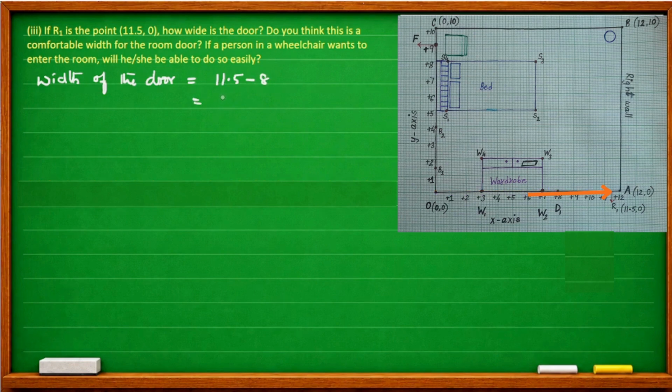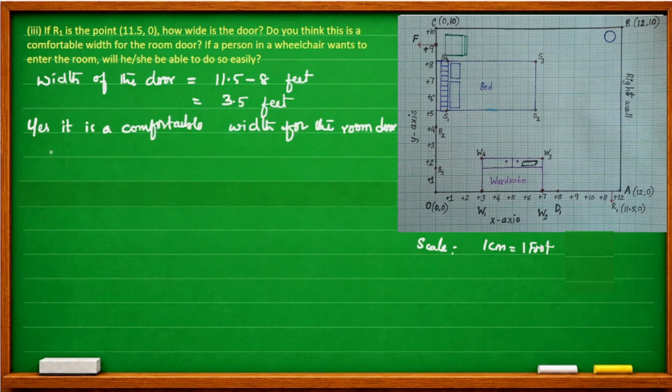Now they are asking, is 3.5 a comfortable width for the room door? Yes, generally room doors will be 3 to 3.5 feet. So it is a comfortable width for the room door. Now, if a person in a wheelchair wants to enter the room, will he or she be able to enter easily? Yes, with 3.5 feet, since a wheelchair's width is also around 2.5 to 3 feet.